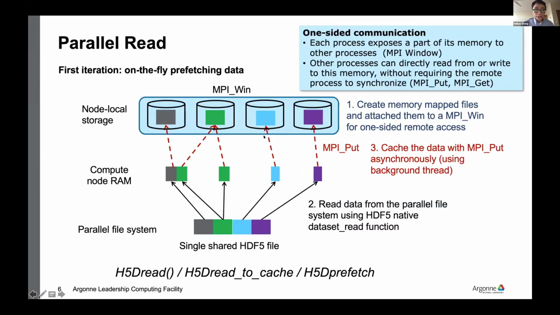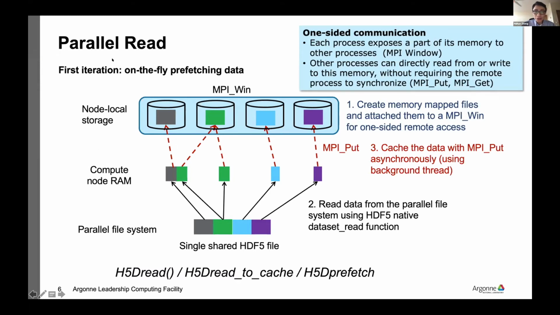And for the dataset read, the idea is to move the data first to the non-local storage, and then later on, when the compute needs the data, it just directly fetches data from this non-local storage instead of going to the parallel file system. And we allow two types of data movement from the parallel file system to the non-local storage.